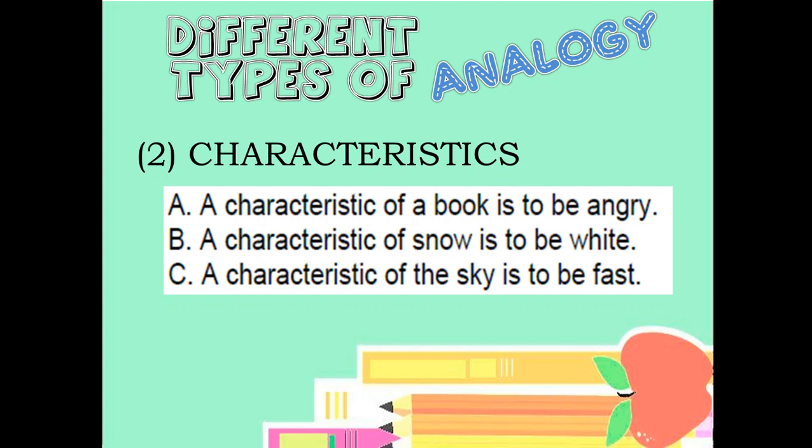For letter B, a characteristic of a snow is to be white. For letter C, a characteristic of the sky is to be fast. Which of the statement corresponds to the correct characteristic? Yes, you are correct. Letter B, the characteristic of a snow is to be white.